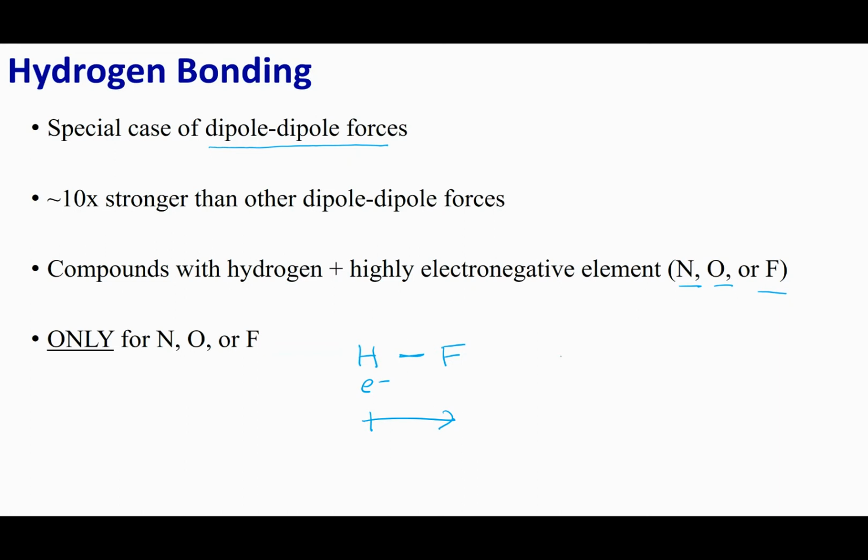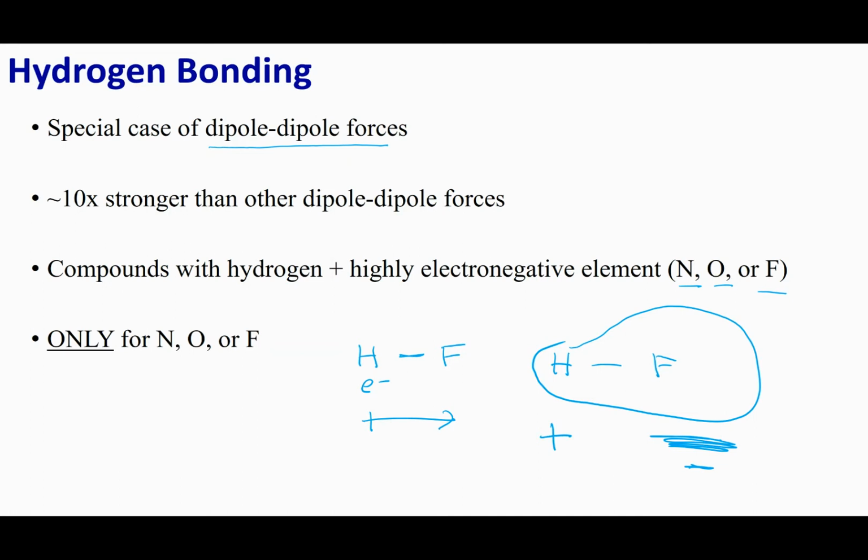So the hydrogen, which has only one electron, is going to be laid bare, where the electron is going to spend most of its time on the other side. This makes this a really big positive and this a really big negative. And so as I make that difference in electronegativity bigger and bigger, my dipole-dipole forces increase, and these are the strongest dipole-dipole forces.